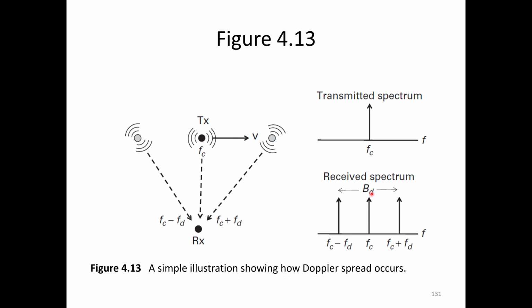The second impulse is at frequency Fc, and the third impulse is at frequency Fc plus Fd. Okay, so you can see that the bandwidth of the received spectrum is BD, where BD means the Doppler spread.